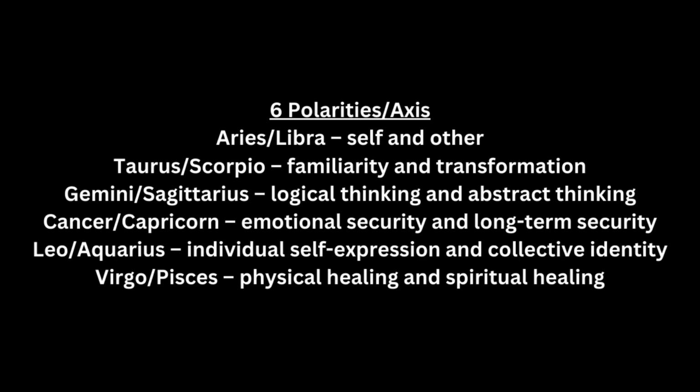These are Aries, Libra, the polarity of self and the other; Taurus, Scorpio, the polarity of familiarity and transformation; Gemini, Sagittarius, the polarity of logical thinking and abstract thinking; Cancer, Capricorn, the polarity of emotional security and long-term security; Leo, Aquarius, the polarity of individual self-expression and collective identity; and Virgo, Pisces, the polarity of physical healing and spiritual healing.